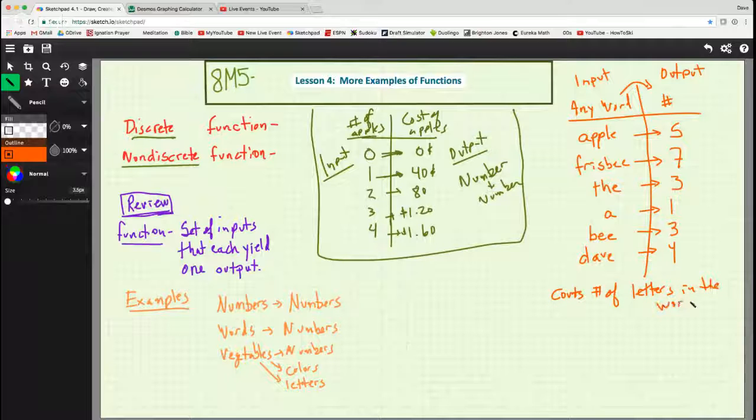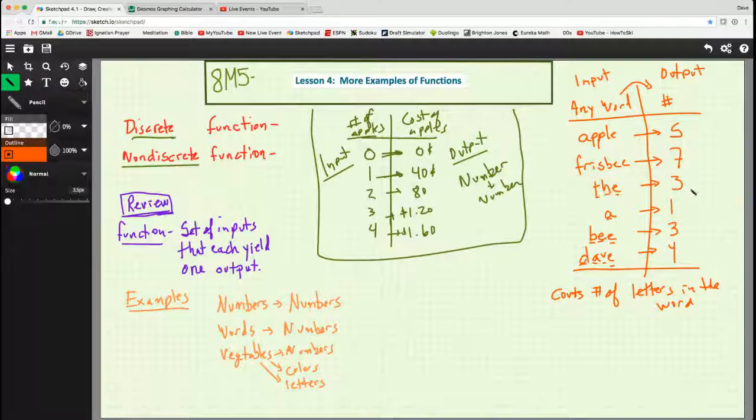Good. And so any given input will only give you exactly one output. The word Dave can't give you a 4 and a 5. It will only give you a 4 because there are only 4 letters. Every word has exactly one answer.